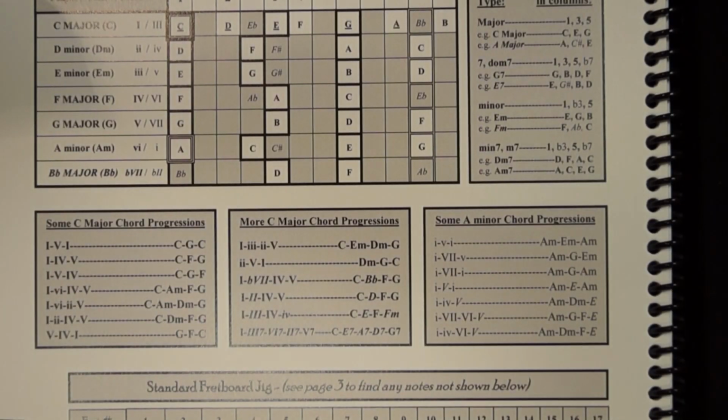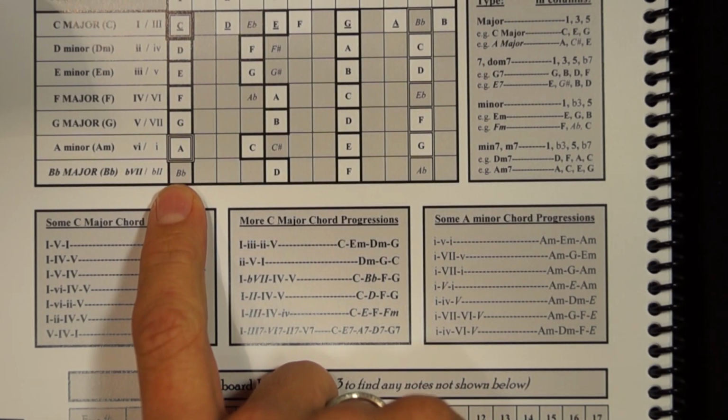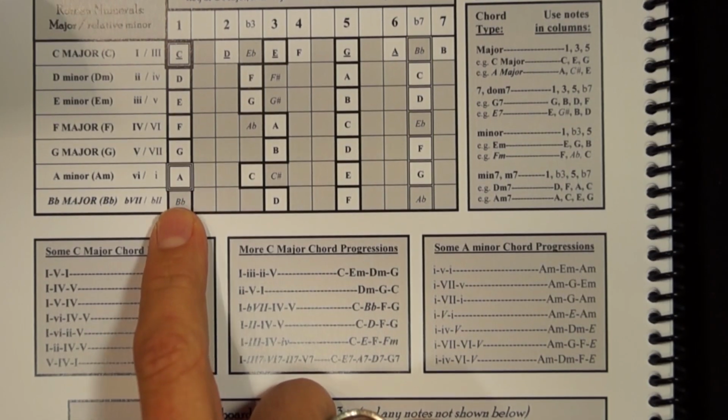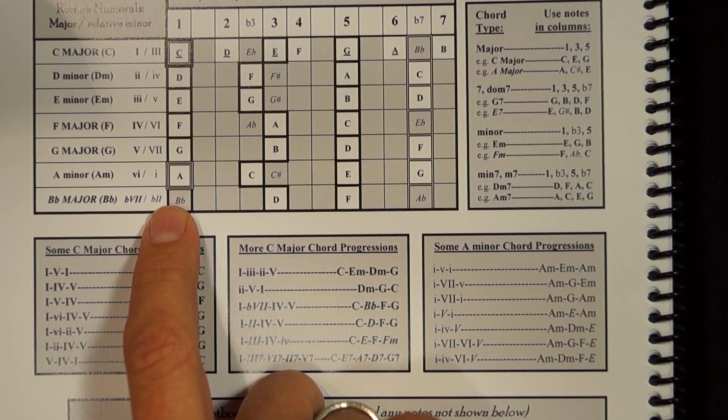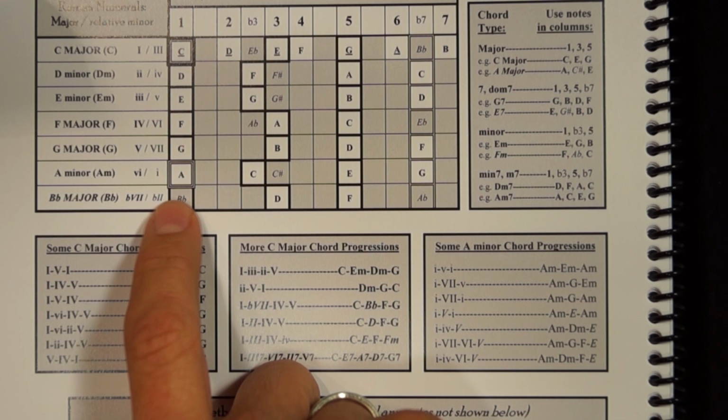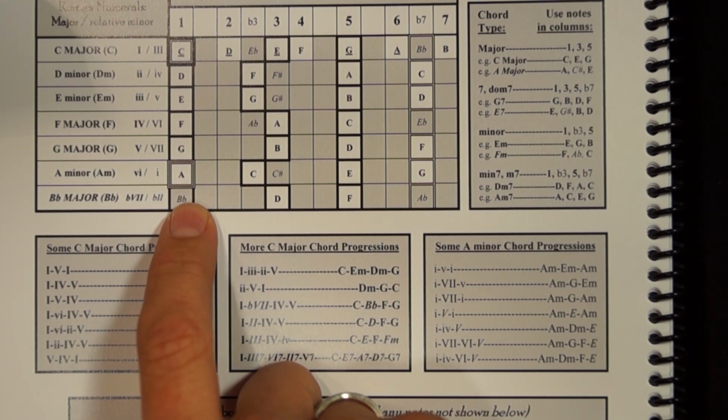And then the flat 7 chord is not used as much, but in bluegrass music you'll hear it a lot, and it's worth just knowing. And the reason that it's in italics and not in a white box is because it's not part of the major key.